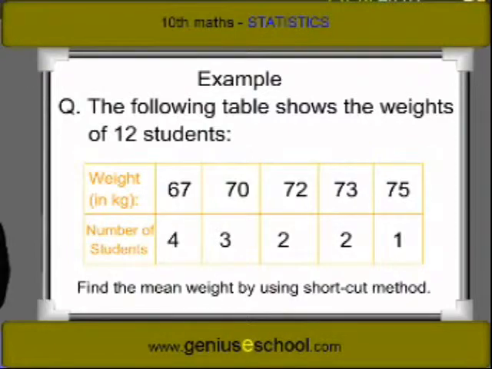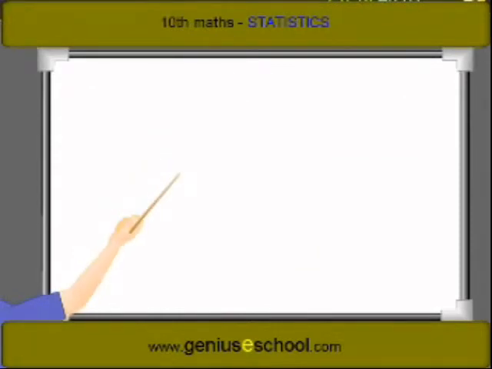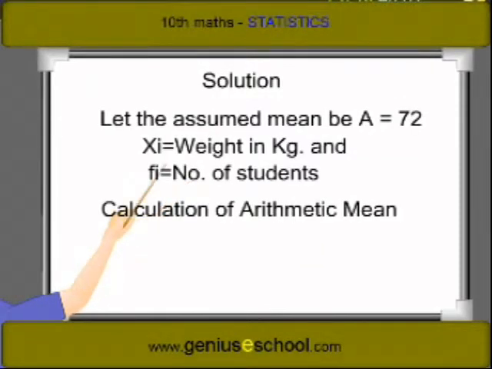Find the mean weight by using the shortcut method. The solution is: let the assumed mean A be equal to 72. xi is equal to weight in kg and fi is equal to number of students.